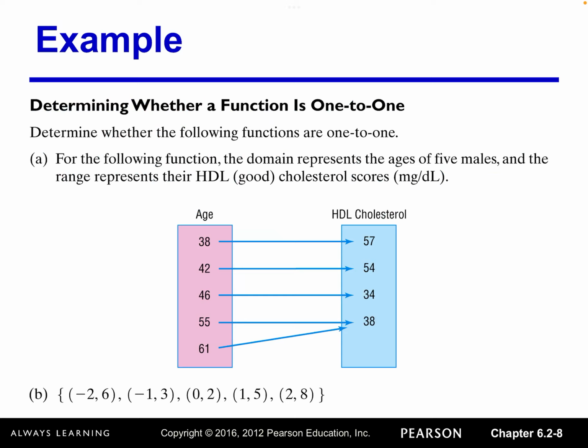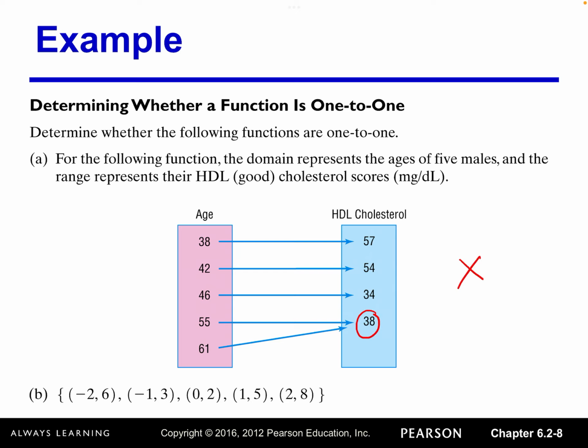Now let's look at another example. Determine whether the following functions are one-to-one. First, it is a function, but it's not a one-to-one function, because one y is paired with two different x. So A is not. If given ordered pairs, to determine whether it's a one-to-one function, we have to check x for repeated values, and then check y for repeated values.